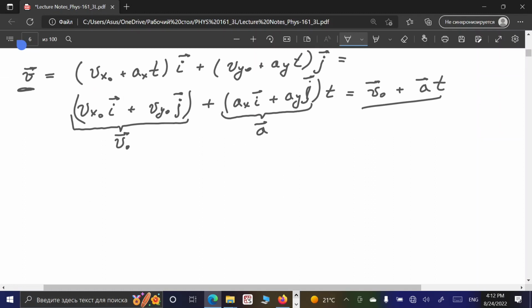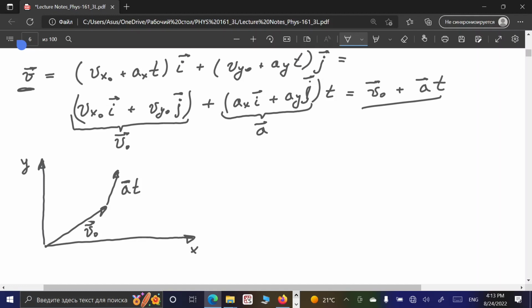So let us consider a system of coordinates x and y. Here will be our initial velocity vector, v naught vector. Here will be our acceleration vector times t.